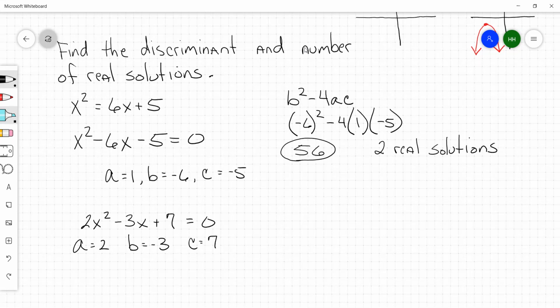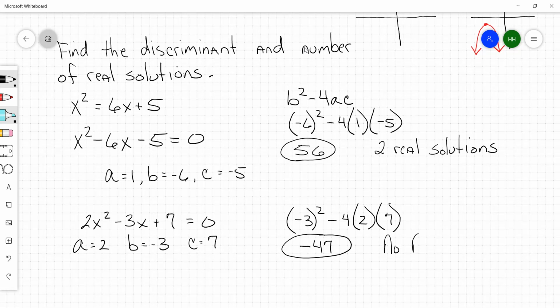Our b squared minus 4ac, so we got -3 squared minus 4 times a times c. So we're going to do negative 3 squared minus 4 times 2 times 7. Anybody get -47? All right, we get -47. That's less than 0. We got no real solutions.